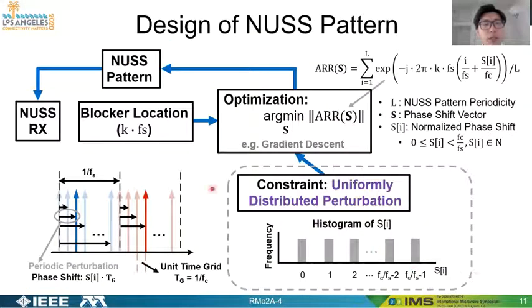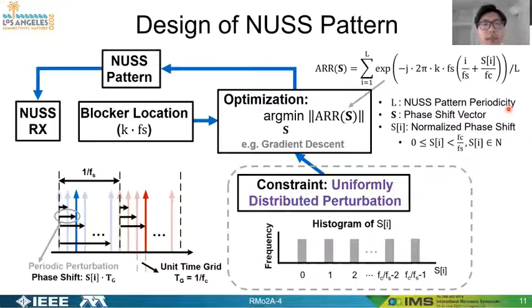Here shows the procedure to generate the NUSS pattern. In the design of the NUSS pattern, the expression of the alias rejection ratio, ARR, is used as a cost function for the optimization purpose. In the expression of ARR, L represents the periodicity of the non-uniform clock.